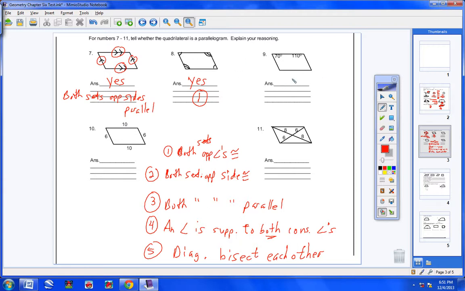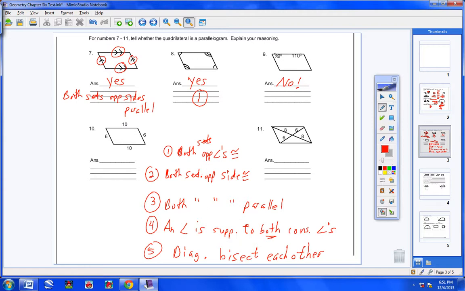Now, number 9. No, nowhere down here are you going to find a reason to call this a parallelogram. Yeah, there is, Mr. Hart, right here. 70 plus 110 is 180. You're right. But read this carefully. Number 4. When an angle is supplementary to both of its consecutive angles.